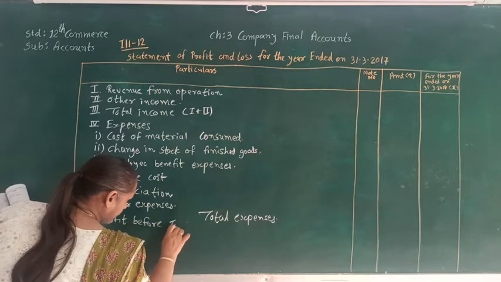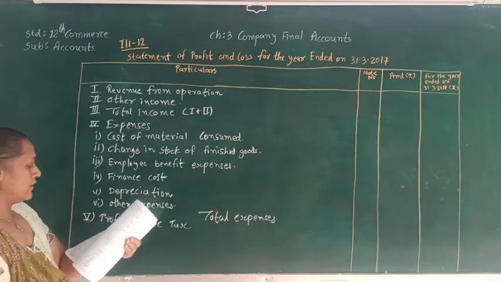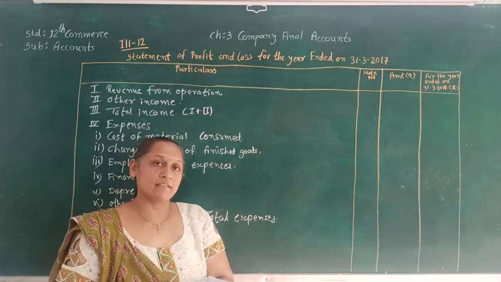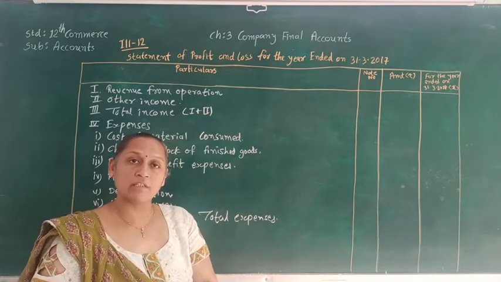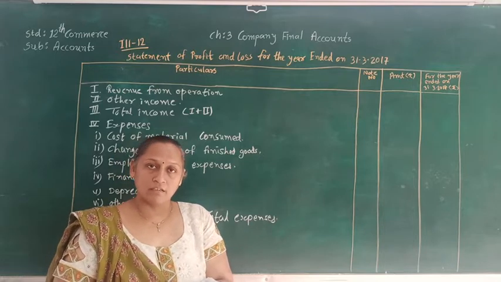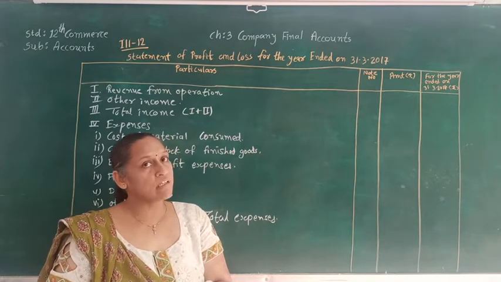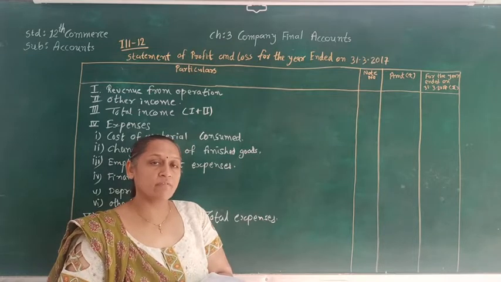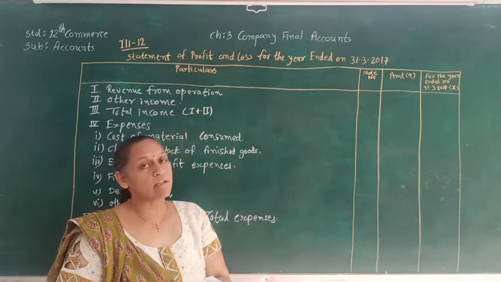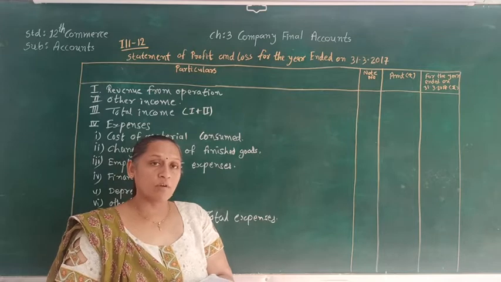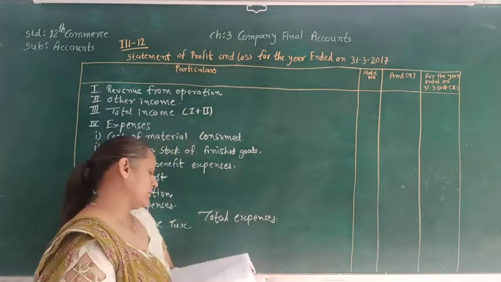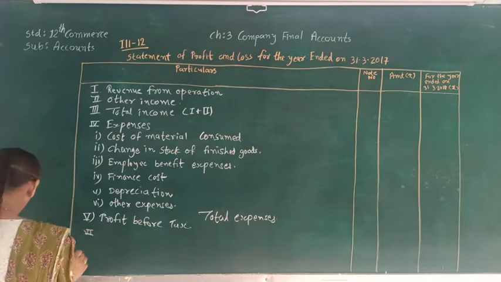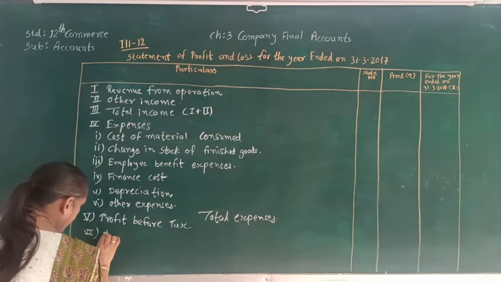Then we have to deduct the tax. That means we are going to provide for the tax. The percentage of the tax will be given in the sum. So we are going to deduct that, and then we will receive the profit, and that profit is called profit after tax. So here the next heading is provision for tax.